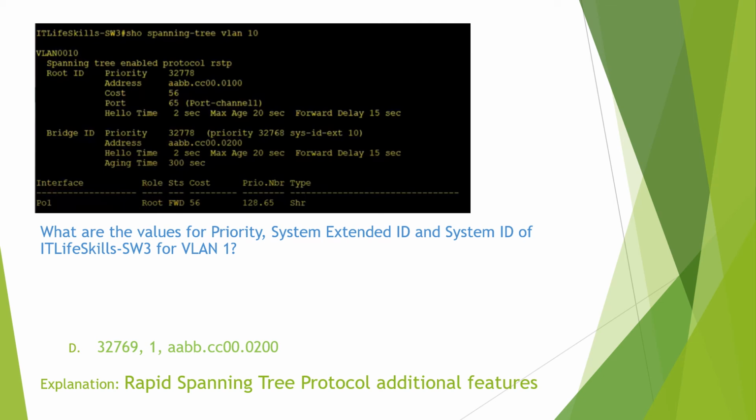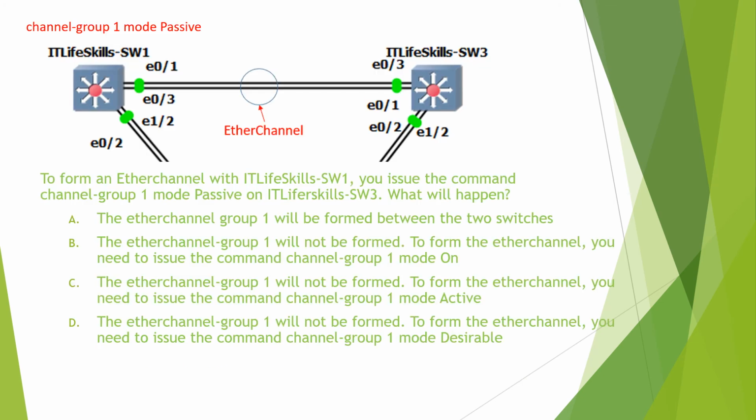Rapid Spanning Tree Protocol additional features. The question reads, to form an EtherChannel with IT Life Skill Switch 1, you issue the command channel-group 1 mode passive on IT Life Skill Switch 3. What will happen?